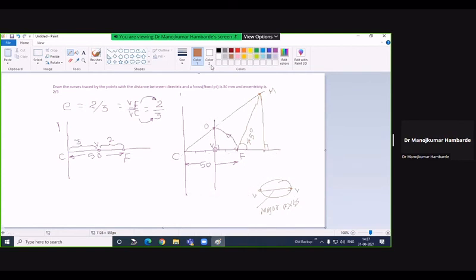Listen. If this V point is started, it will travel like this. Okay. Right, and it will then reach this position. So in this way this point will move and it will create an ellipse. So this V will come to this extreme end here and again move back to its original position.